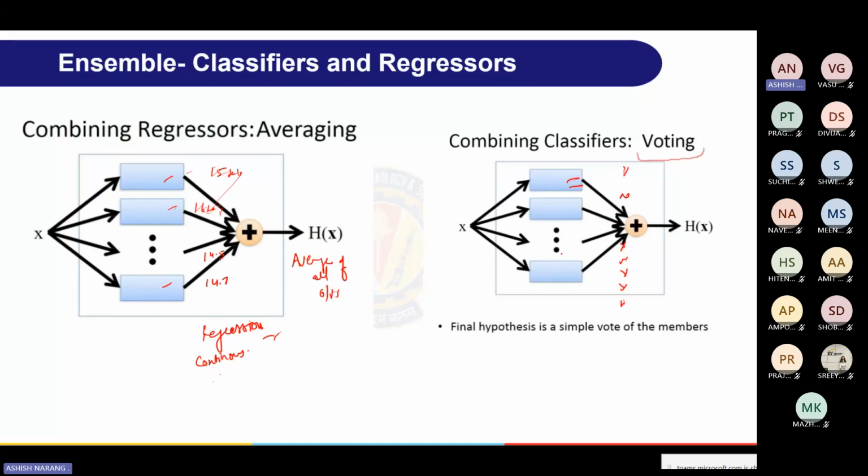So I can go with majority voting. If the number of votes for yes is more, I will take the final classification as yes. If the number of votes for no is more, I will take the final classification as no. So I'm combining multiple classifiers.